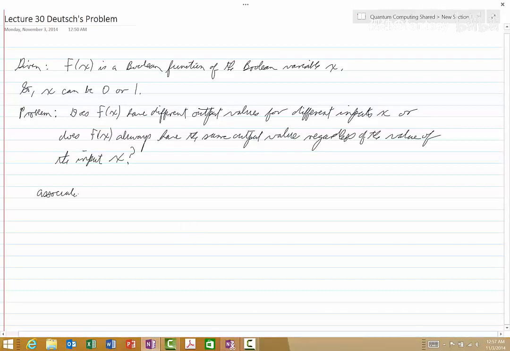Associated with f of x, and this is something we saw in chapter 6, there is an associated unitary transformation U sub f that acts as follows.